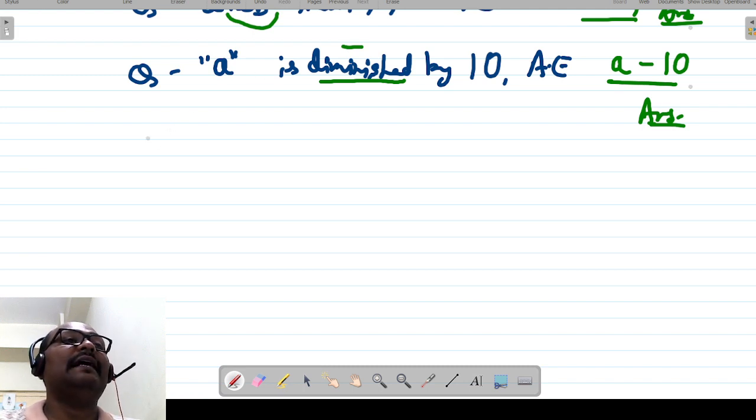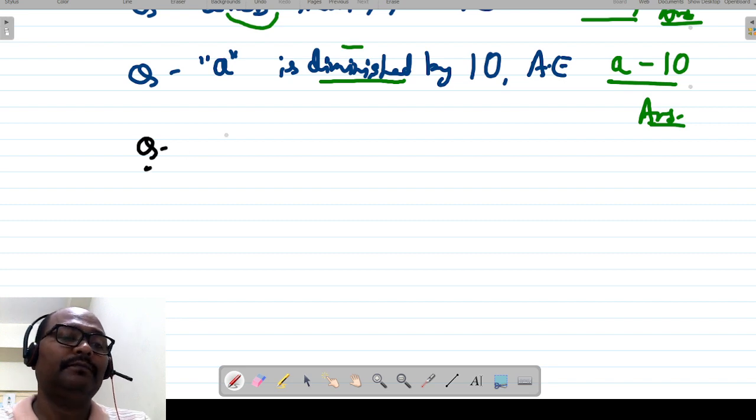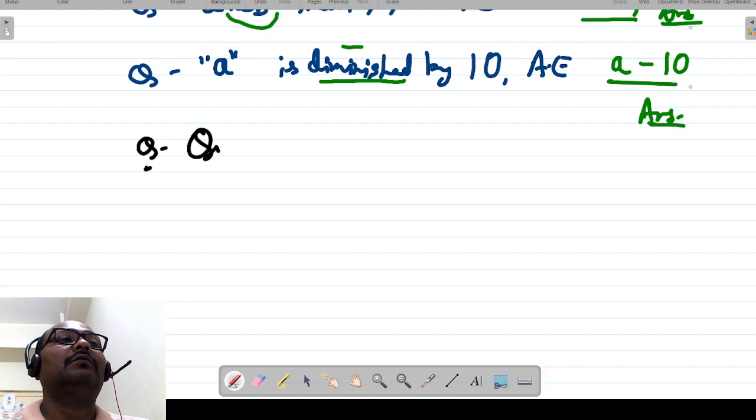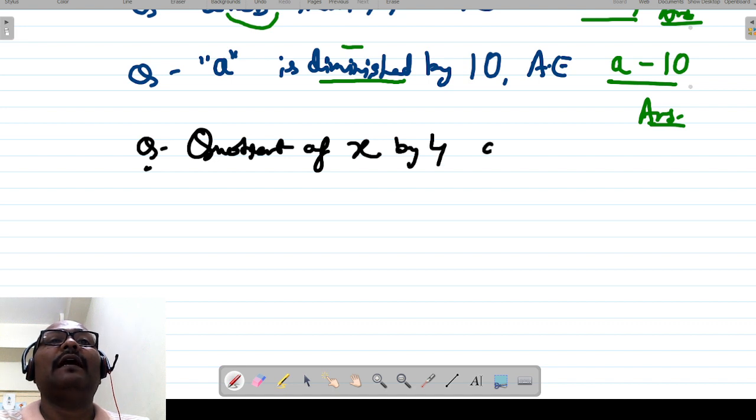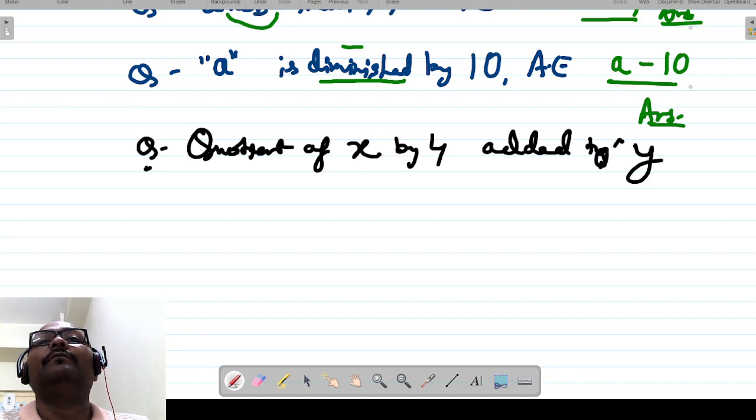The question is: quotient of x by 4 added to y.